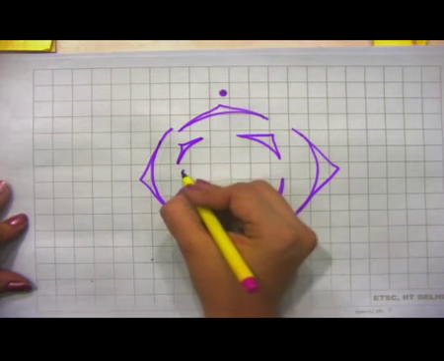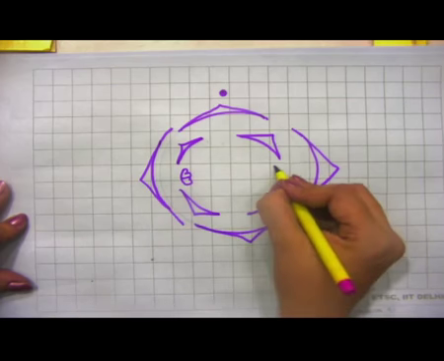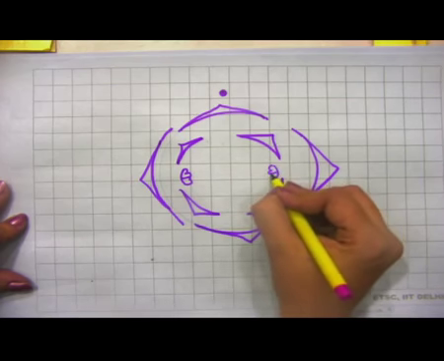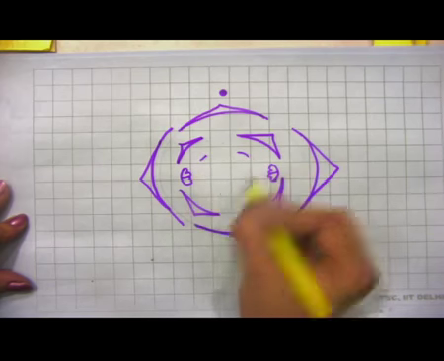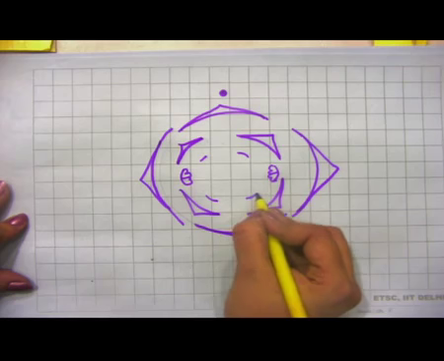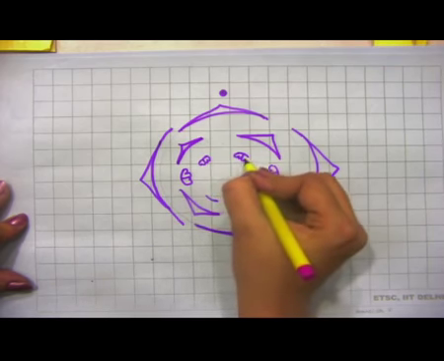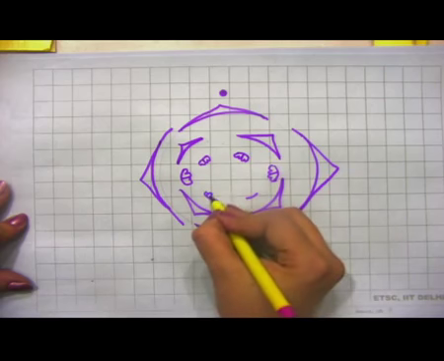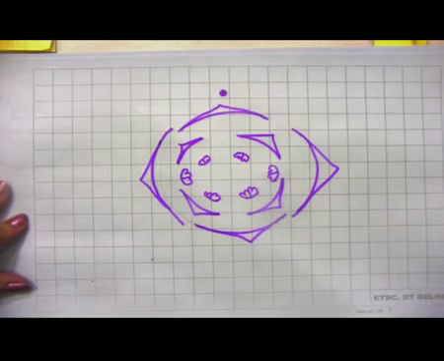So I will draw 2 stamens here, 1 and 2, and 4 inside. What am I drawing? These are supposed to be the shapes of the anther.